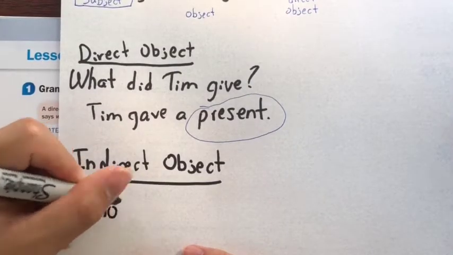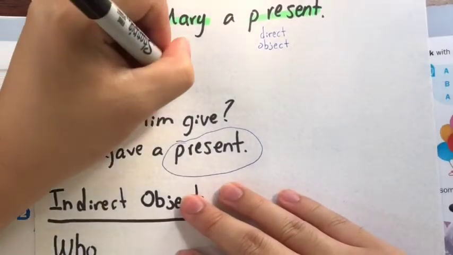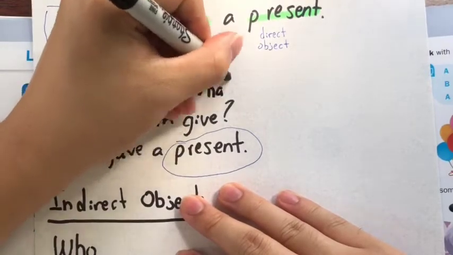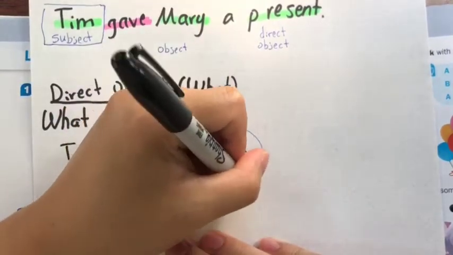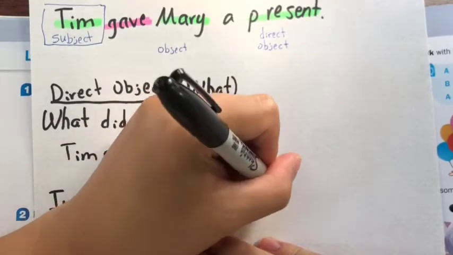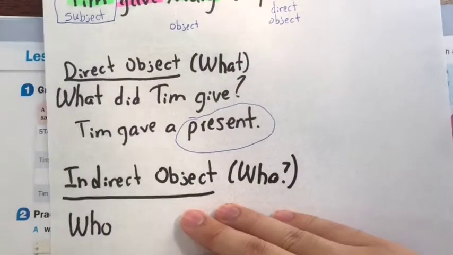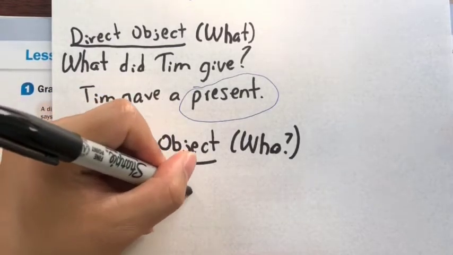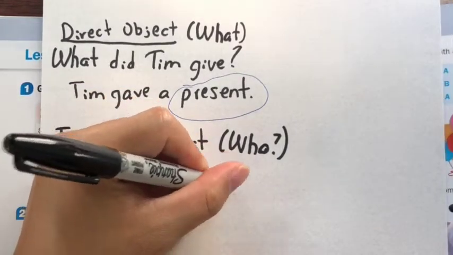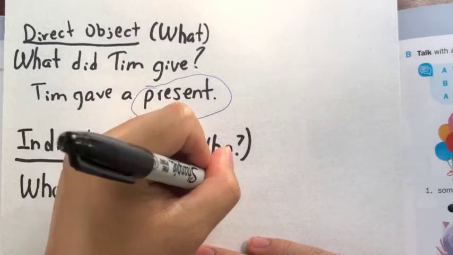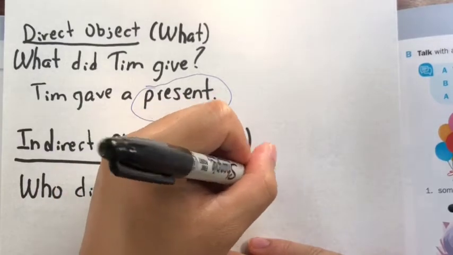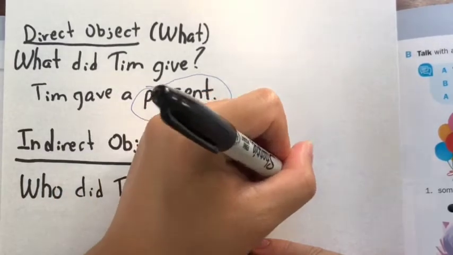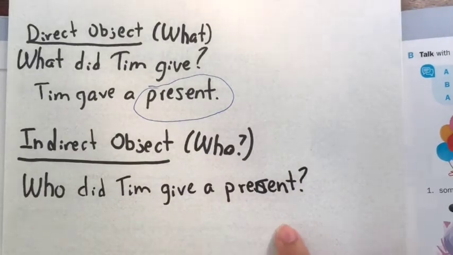The indirect object focuses on who. So who did Tim give a present?